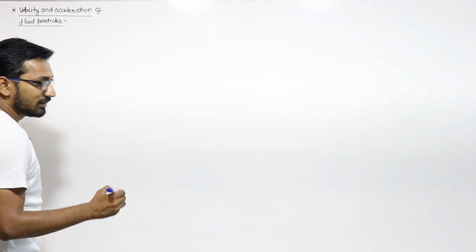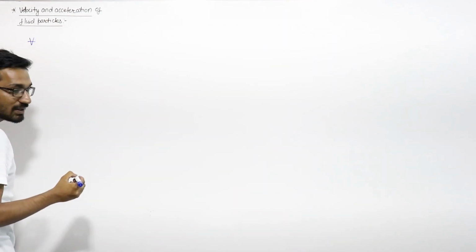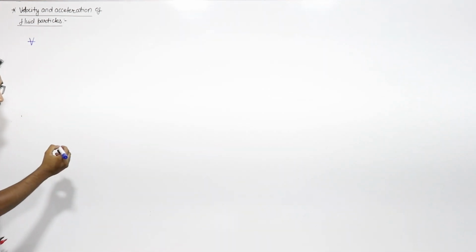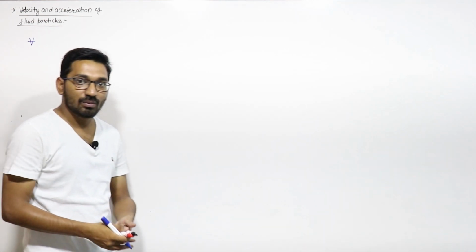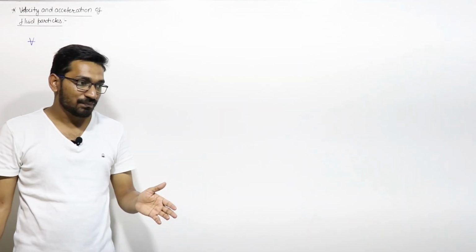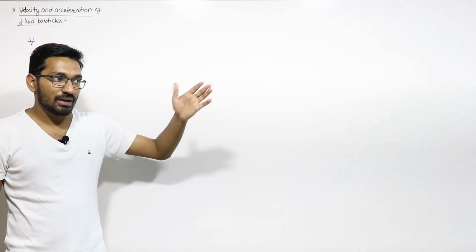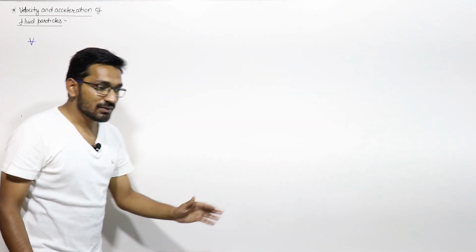Let us say that if any fluid is flowing, its velocity vector, let us say v is the velocity vector. You know that any vector has three components, one in the x direction, y direction and z direction. If we talk about 3D space, any vector has three components, x axis, y axis and z axis.